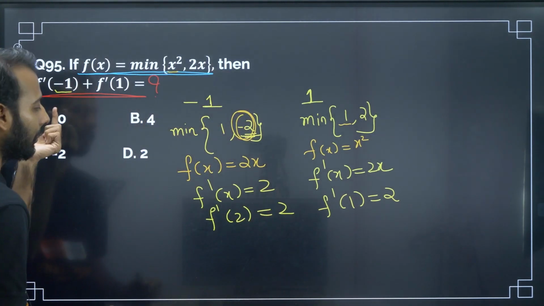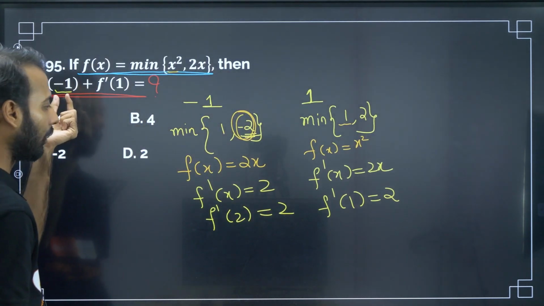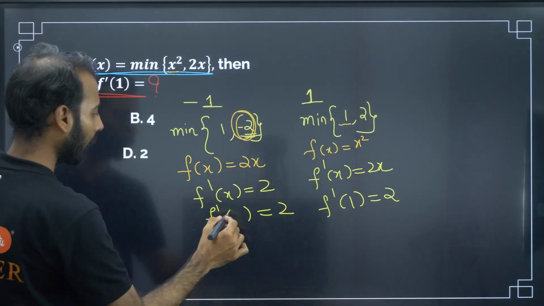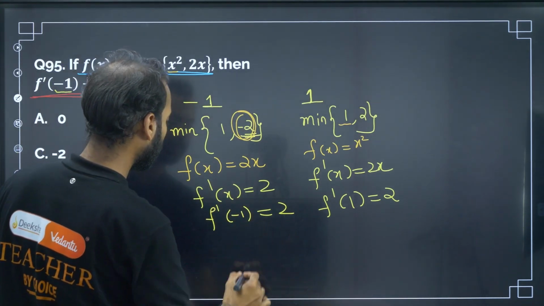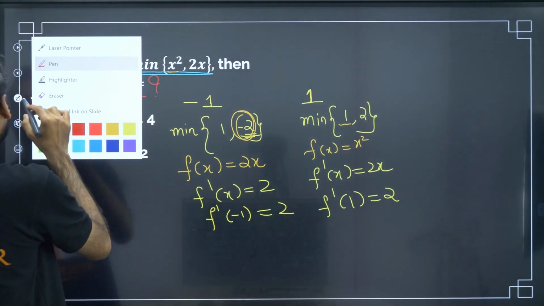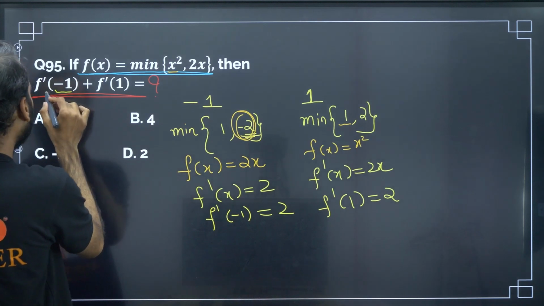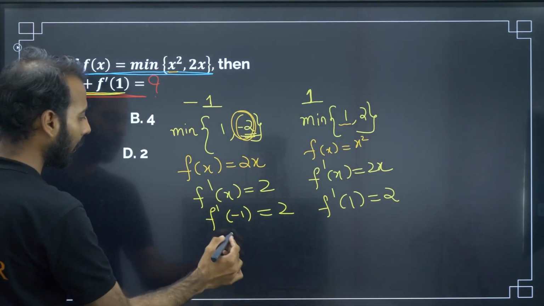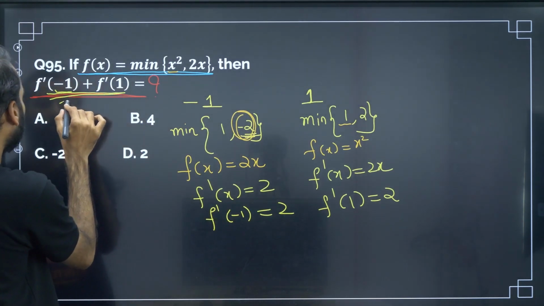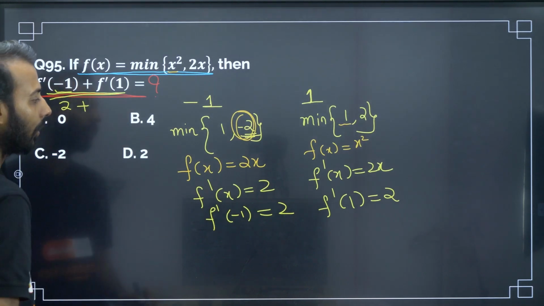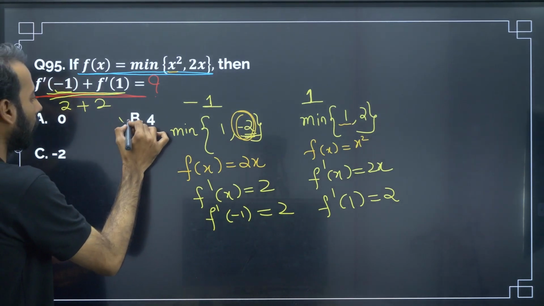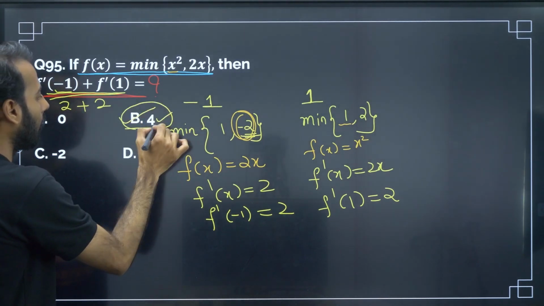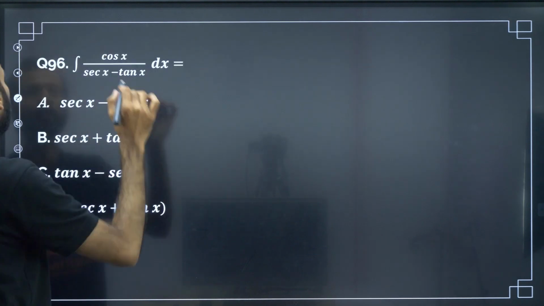They are asking to find this. f'(minus 1) is 2. They are asking to find this value, right? So f'(minus 1) is 2, plus f'(1) is 2. 2 plus 2 is 4. So the answer is B. B is our answer. Moving on to the next question.